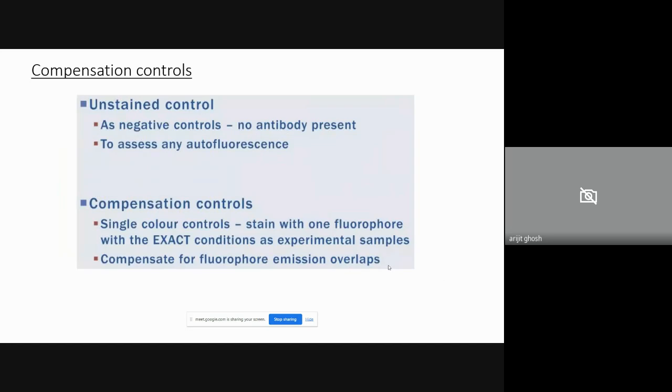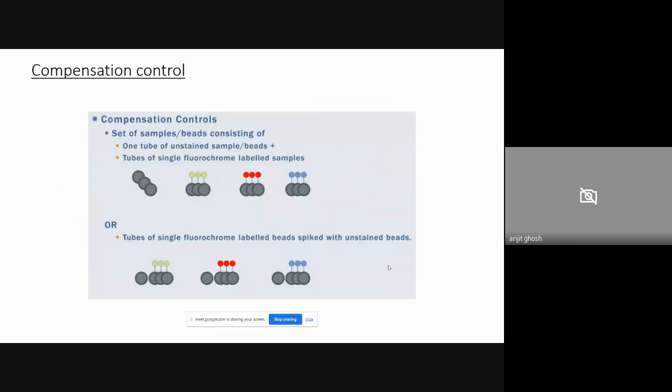Compensation controls are needed, like negative controls where no tags, no antibody and no fluorescence are there, only unstained cells. And single fluorochrome controls: if you are using three fluorochromes in an experiment, such as FITC, PE, and APC, you need to make three different tubes with only FITC staining, PE staining, and APC staining.